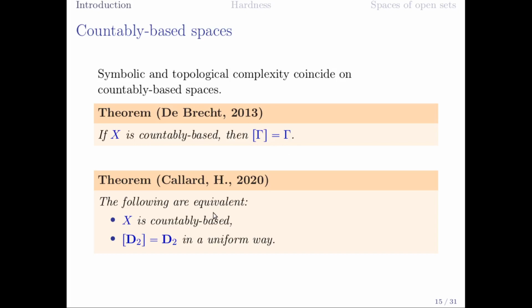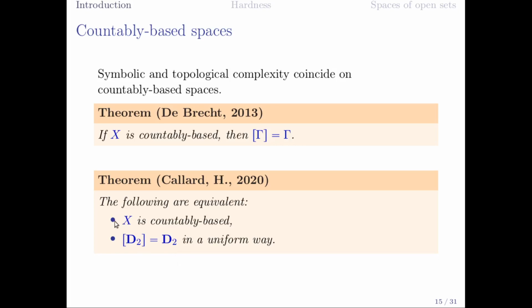And we proved recently that they are essentially the only spaces where everything works very well, in the sense that they are the only spaces where at the first level above Σ1, which is differences of 2 open sets, at the first level we have agreement in a uniform way, which means we can translate between the 2 descriptions in a uniform continuous way.